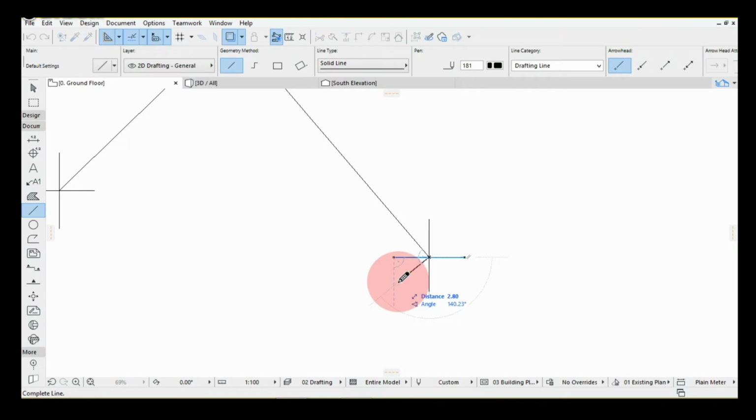That gives you 227.283 degrees. Now we are going to subtract that value from 270. So 270 minus 227.283 gives us 42.717 degrees.